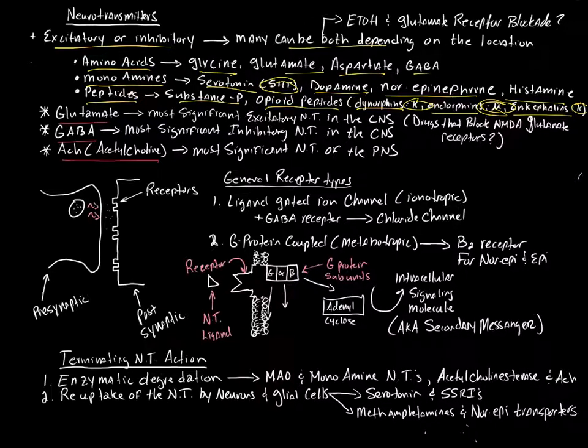So what neurotransmitters do I want you to focus on? Glutamate. Glutamate is the most significant excitatory neurotransmitter in the central nervous system. And glutamate has its own receptors, a class of receptors known as the N-methyl D-aspartate receptors, or the NMDA receptors. Here's a question: are there drugs that block NMDA receptors?